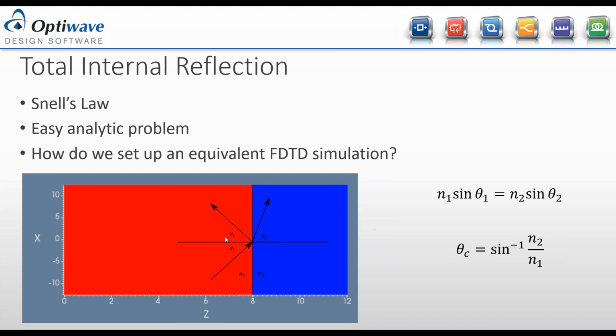You have the input angle θ1 here, you have the refractive index on the left and the right, and you can calculate what the angle is going to be when it passes through. If you're going from a higher index to a lower index, you can get this behavior where there's a critical angle, and if you go past that angle, you'll get total internal reflection.